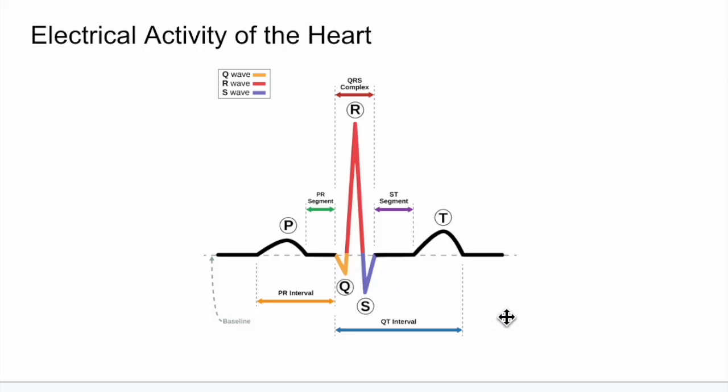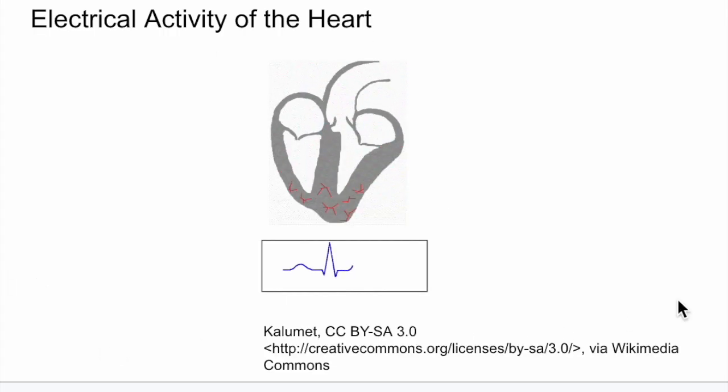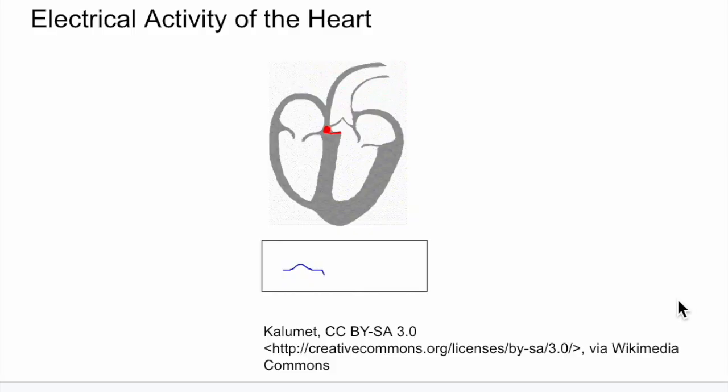So you may be wondering why you don't see a wave for atrial repolarization, and that's just because it's hidden in the QRS complex. There's so much more activity going on in the ventricles than in the atria at that time that we don't see it. So here's a little animation of that process.